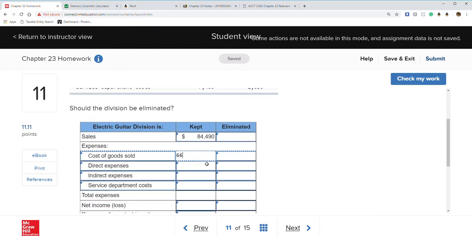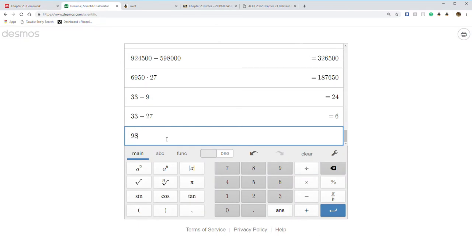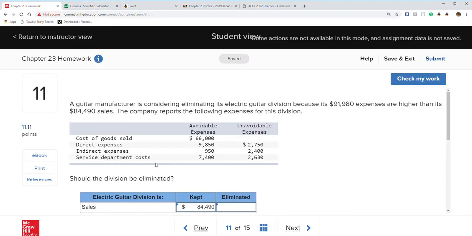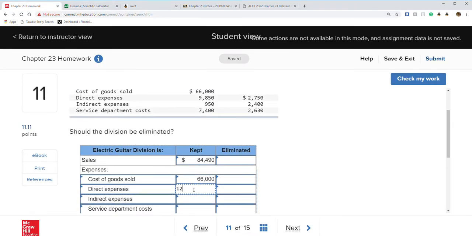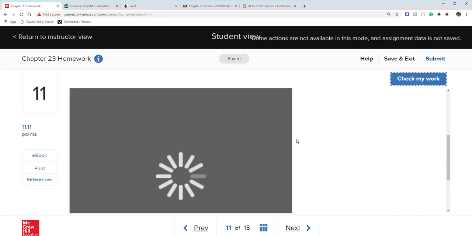So, whoop, hit enter a little bit too quick there. Direct expenses is going to be your total of these two, 9,850 plus 2,750. That should be 12,600. And let's make sure, just the way Connect is, yep, that's what they want.